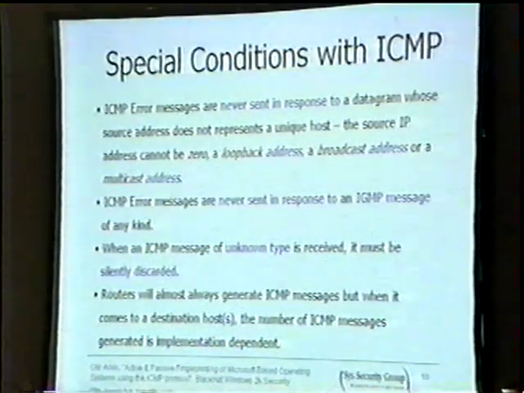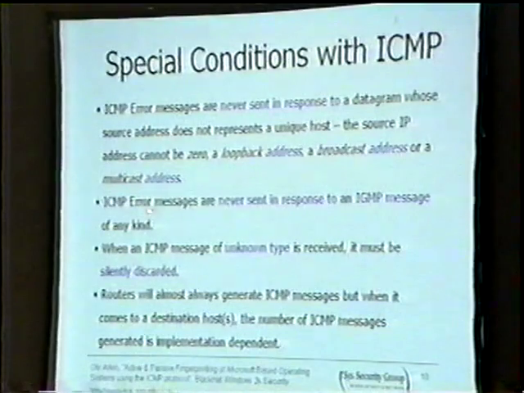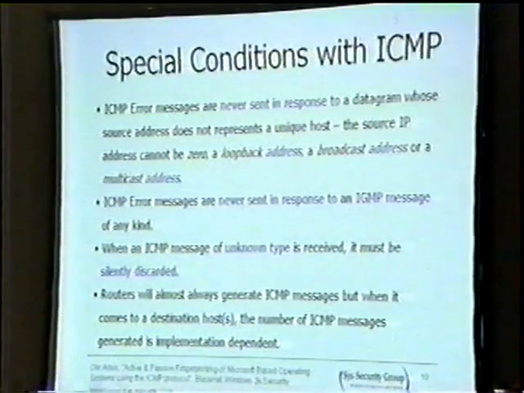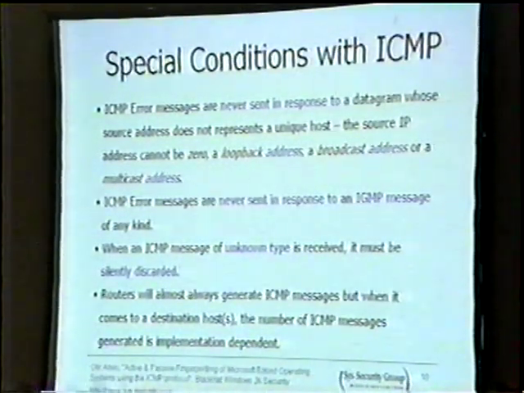We have other conditions. One of them, again, is that no error messages are sent in response to ICMP messages. And another important one is that when an ICMP message of an unknown type is received, we are going to discard it.